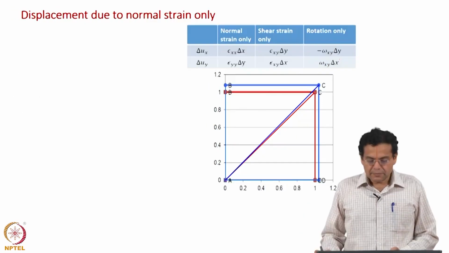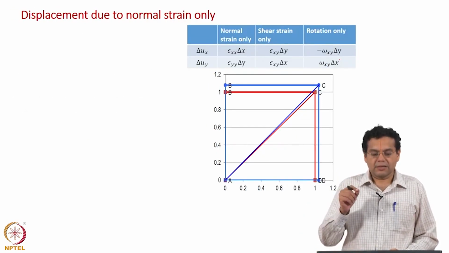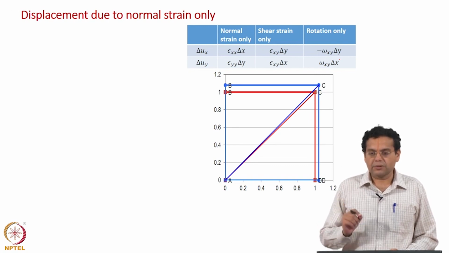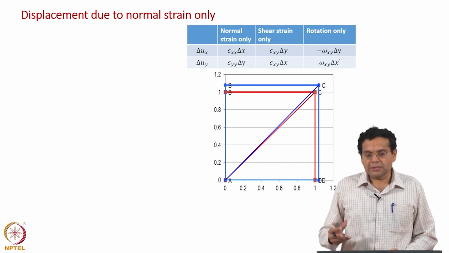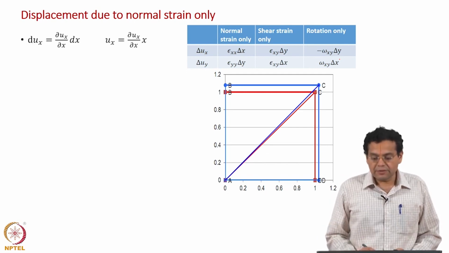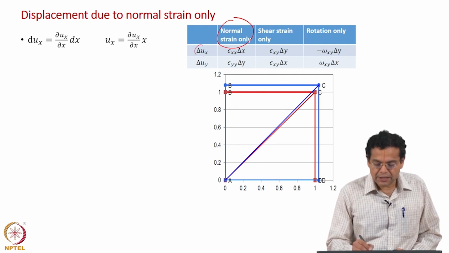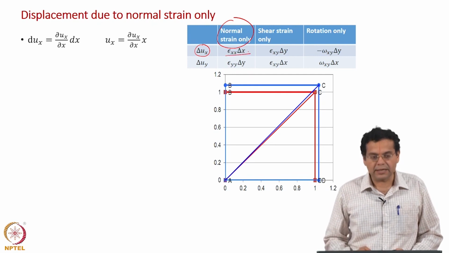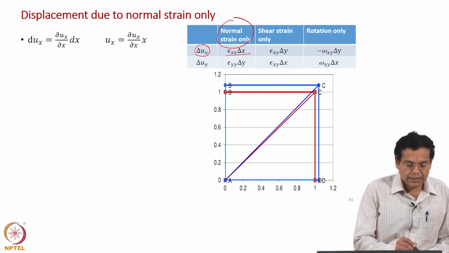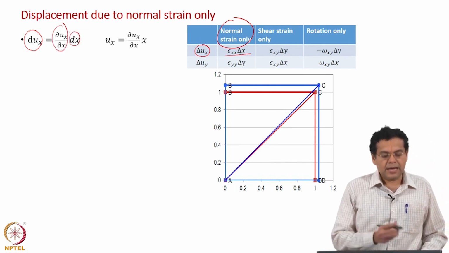Okay. Now, what we will do is take normal strain alone, shear strain alone, rotation alone, and see how the displacement happens. When we consider normal strain only, the differential displacement is equal to ε_xx times Δx, and that is what is written here: du_x is equal to ∂u_x/∂x times dx.